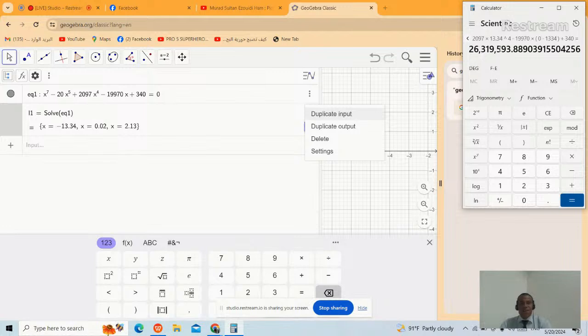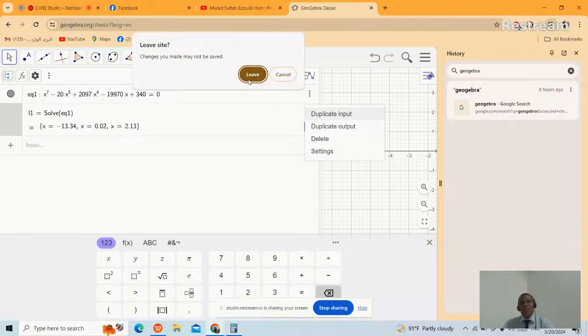So when we put x equals negative 13.34 in this equation, you should find 0, not 0.1, not 0.2, without error estimation. Okay, no problem. It's not our problem.